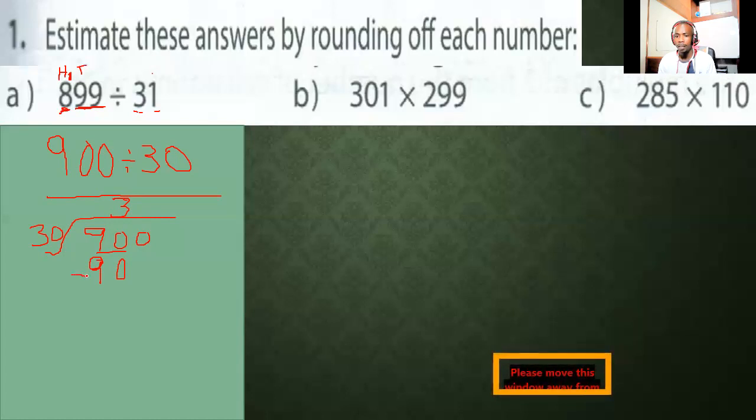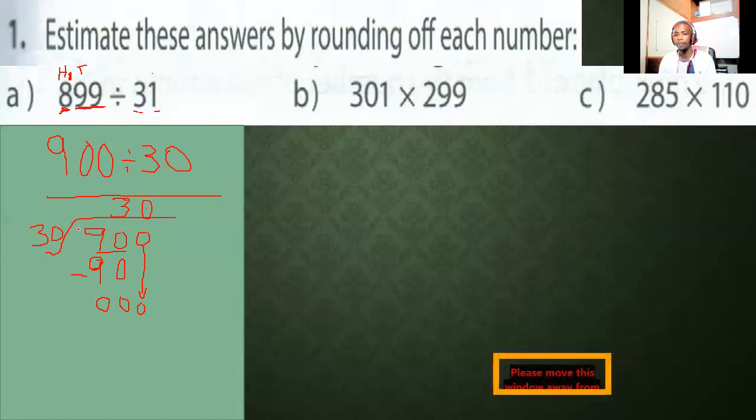Then we subtract this 90 from 90, we get 0. And we bring down this 0, and it's 0. So 0 divided by 30, right? It's 0. We put a 0 here. Do you see that?